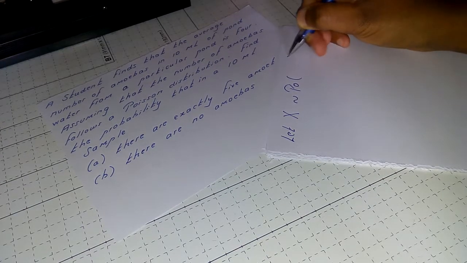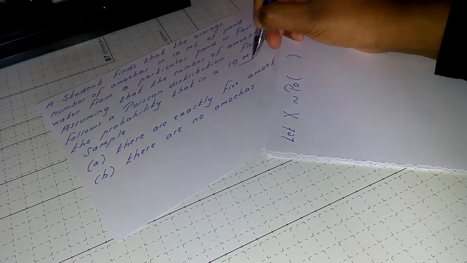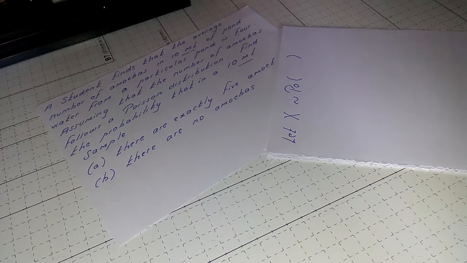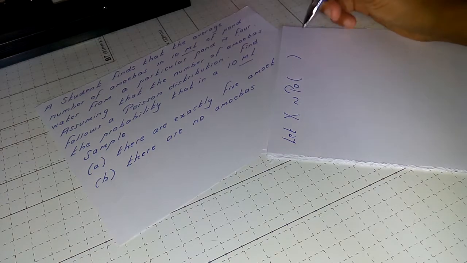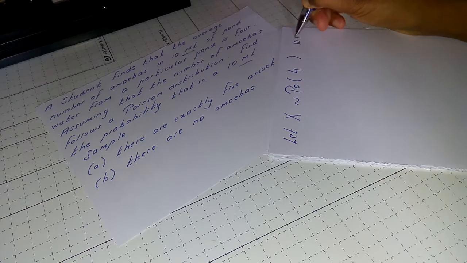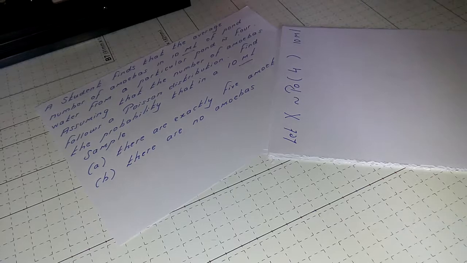So we need to identify the value of lambda. Now you have been given 4. Now 4 is for what? In 10 ml. You have been asked for the probability in a 10 ml sample. So X follows Poisson 4. This is for a 10 ml sample. Okay, so this is the distribution.